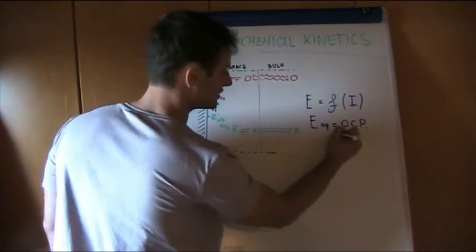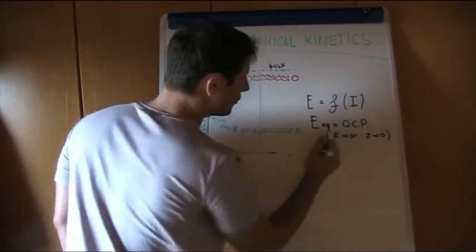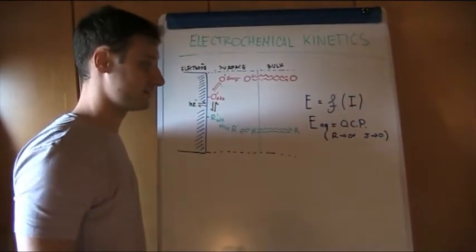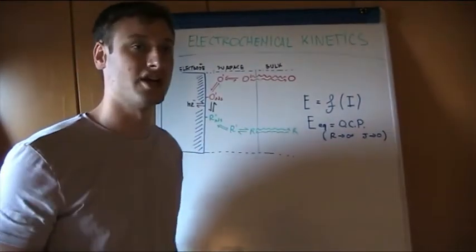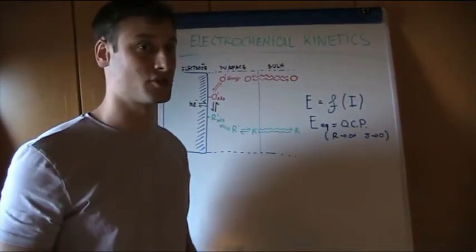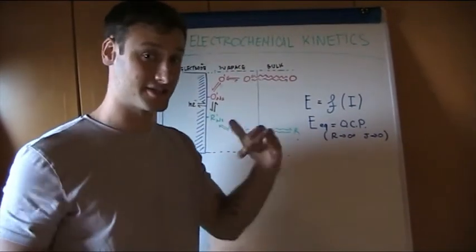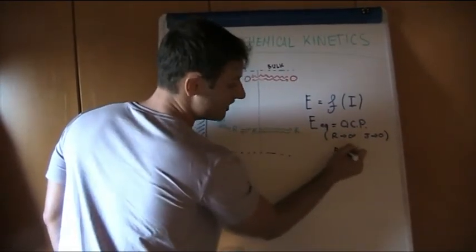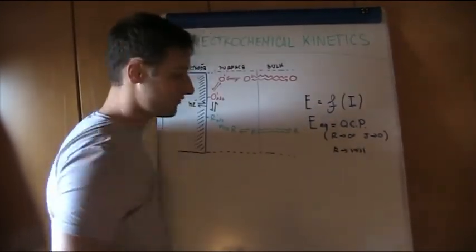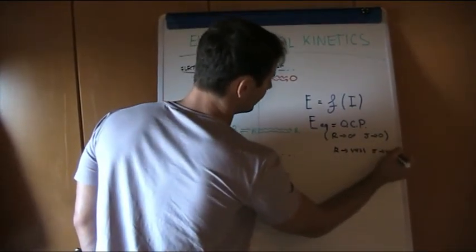Imagine that the resistance is going to infinity and the current is basically zero. When we are increasing the current, it is a measure of how much our reaction is proceeding, so how much faster our reaction is. The higher the current, the higher the speed of the reaction. And if the resistance is a real value and is not infinite, we have a real value of the current.